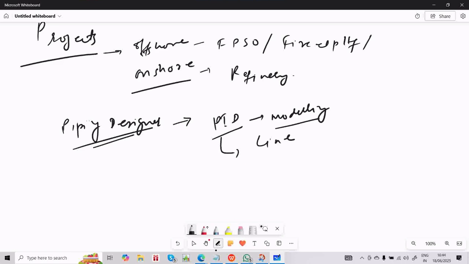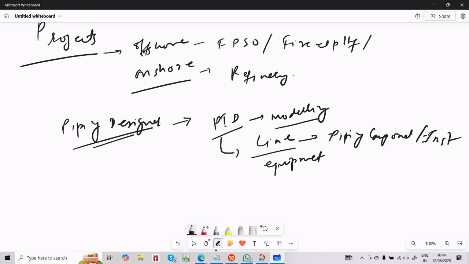You are getting line information and the equipment. Inside the line you will get information about the piping components plus instrument, and in the equipment you will get the information about the equipment. For that you have to refer to the MDS document.